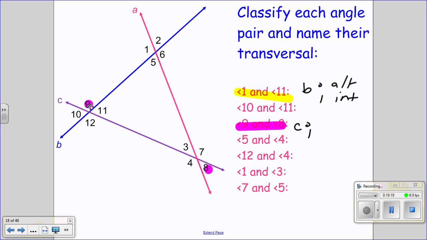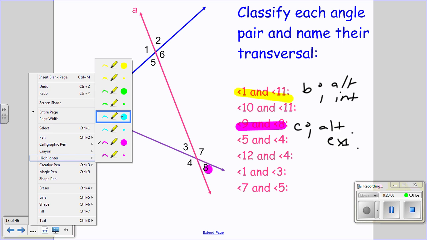So 9 and 8 are on the exterior regions of A and B. And they're on opposite sides of C. So that means they're alternate exterior angles. It's a little confusing, but once you figure out what the transversal is first, it makes it a little easier. So the other lines have to be the lines that determine interior versus exterior.